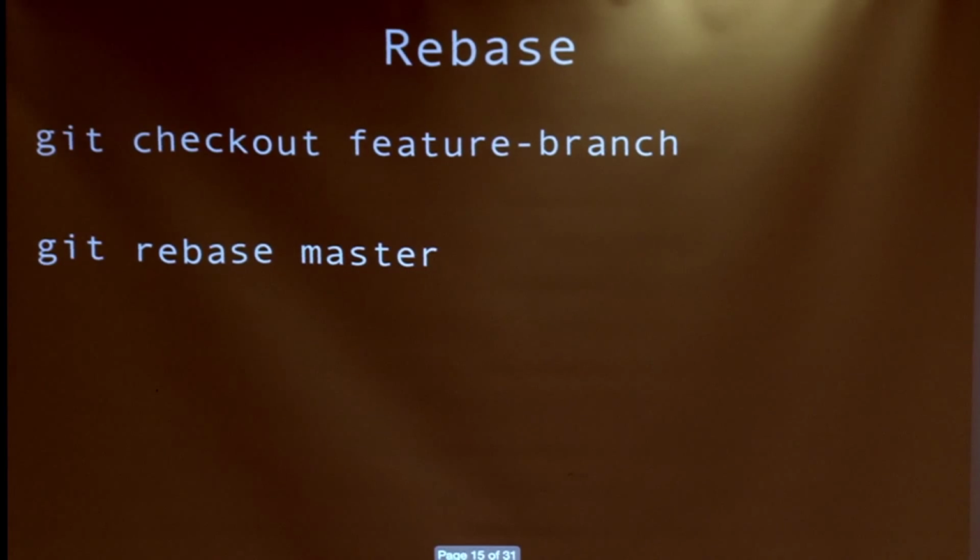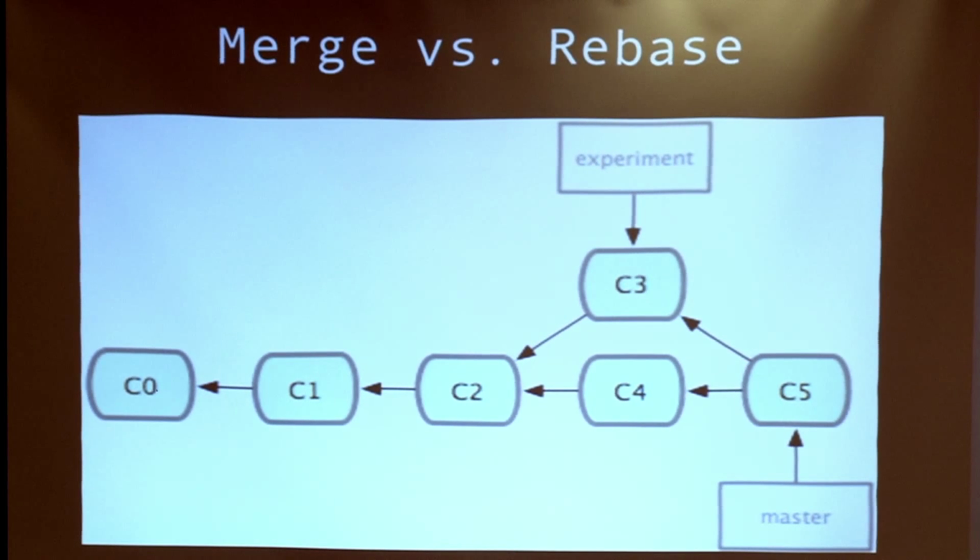So git rebase and git merge do similar things that you can do with branches, but not the exact same thing. For rebase, you can check out your feature branch and rebase to master, for example. What's the difference between merge and rebase?